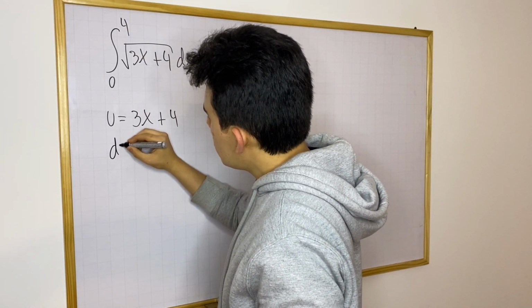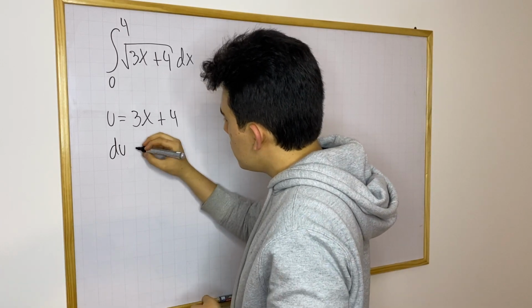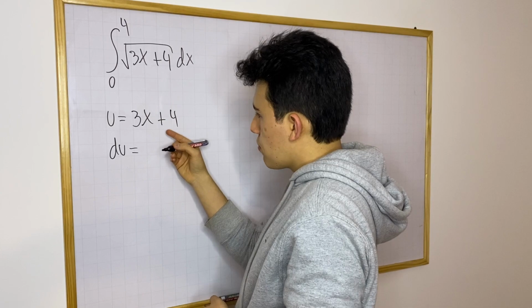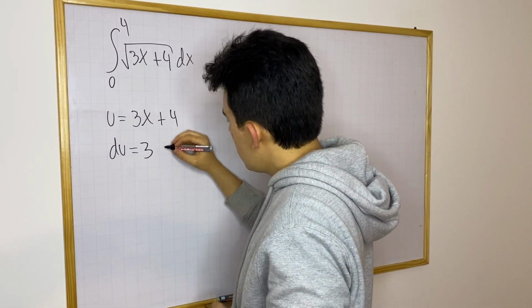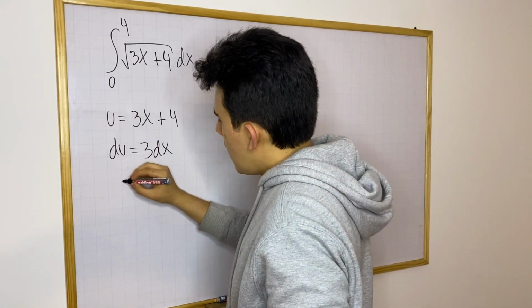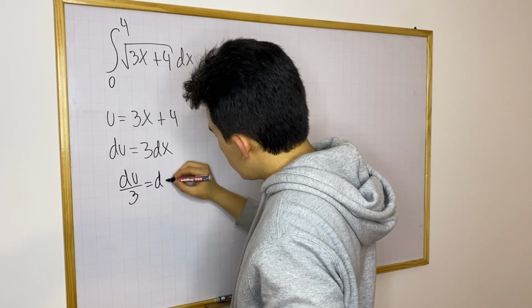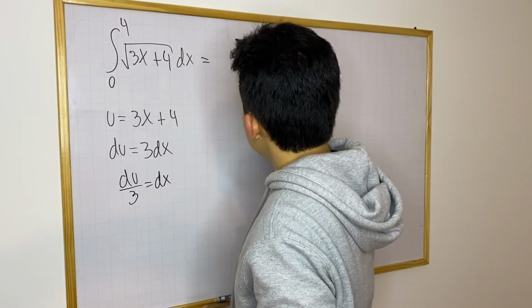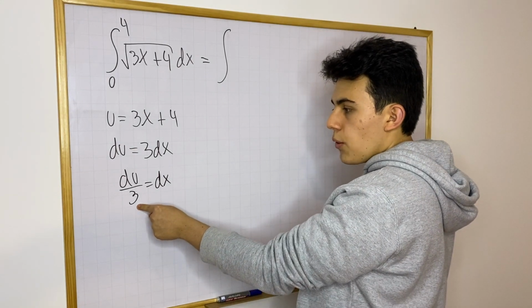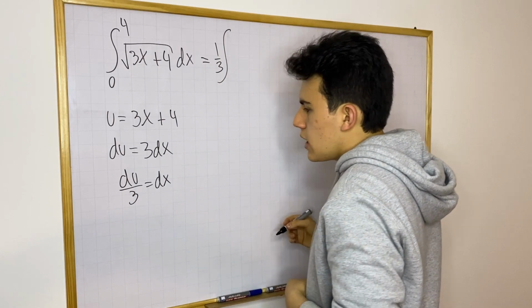Now we need to compute the differential of u to replace dx with some other value. The derivative of this expression is simply going to be 3, and we have 3 times dx, okay? Which means that du divided by 3 is equal to dx. Now I'm going to rewrite this definite integral like this. We can move this 1 over 3 to the front, so we have 1 over 3 times the entire integral.